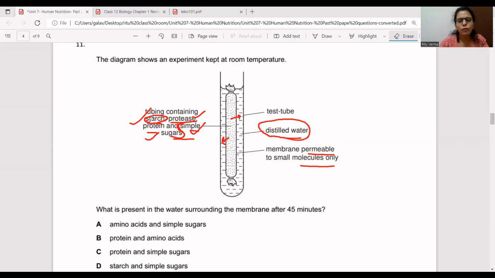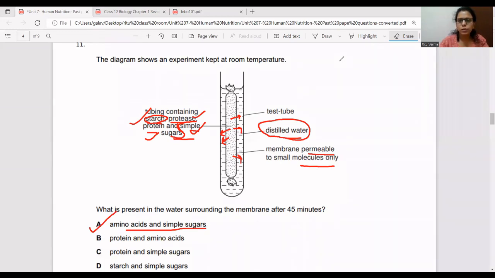So no starch can be found in distilled water after 45 minutes. Protease is an enzyme. Enzyme can also not travel, but this protease enzyme will digest the protein and convert it into amino acids. So obviously amino acids will also be transferred from this tube to the distilled water. So the correct answer of this question is option A, amino acids and simple sugar.